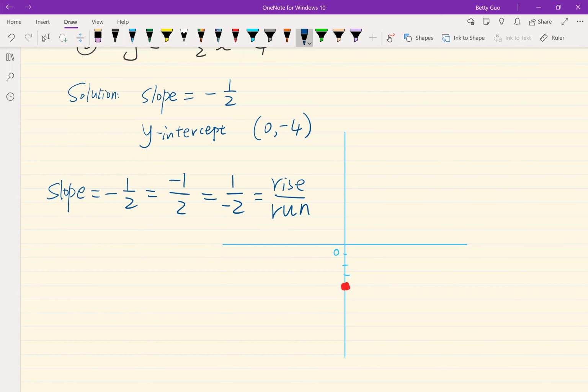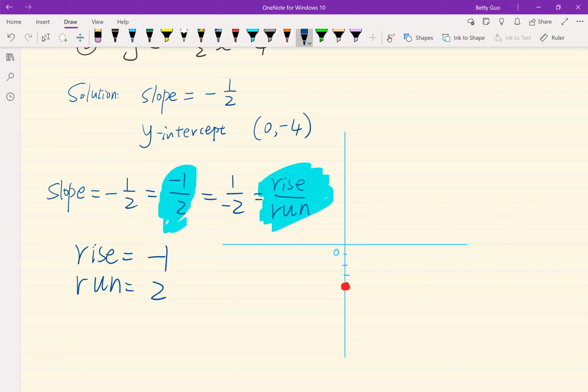How do you choose your rise and run, everyone? You can write slope as -1/2 or 1/-2, right? It doesn't matter which one. How about this time? Let's choose this one, the blue. If we let the slope be -1/2, what's the rise? -1, yeah. Your run is +2, right?